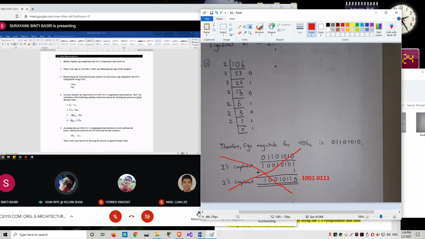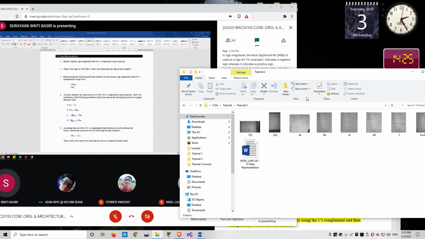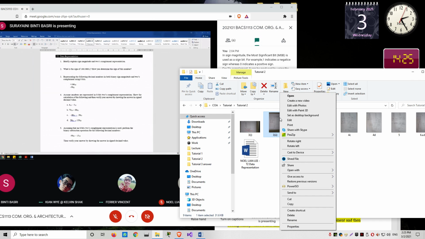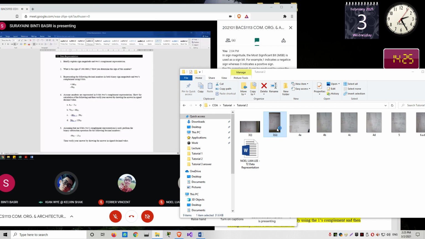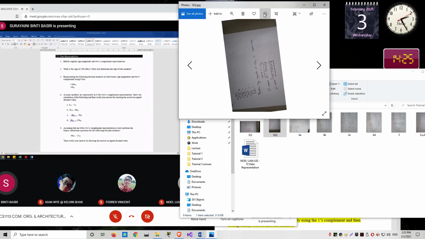I just do the divide only: divide by two, and then divide by two, and then divide by two. Okay, so that is the way. I still need to show? No need, I think for that one it is okay, because I can imagine it.